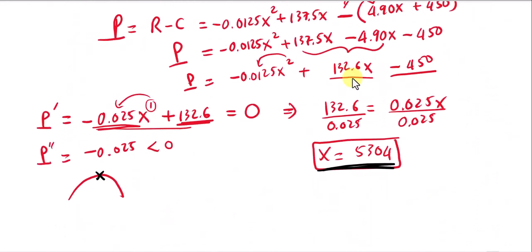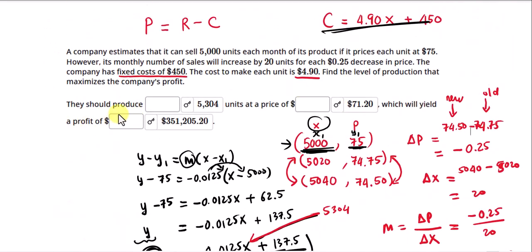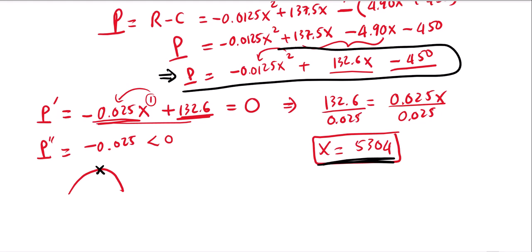And finally, they want you to find what the profit is. So again, you go back to the profit equation, which is this equation right here. Anywhere I see x, I make the substitution of 5,304.